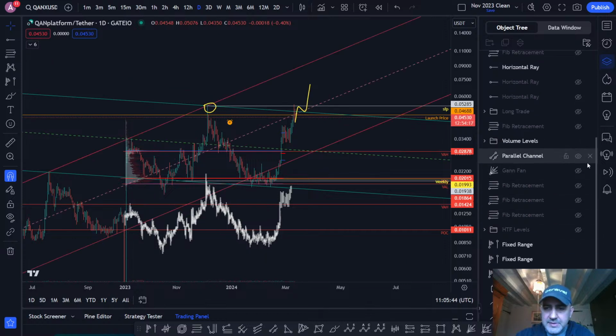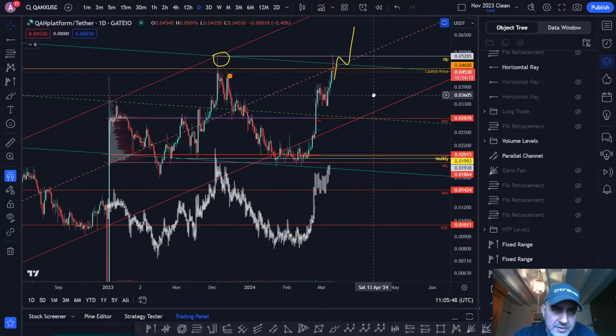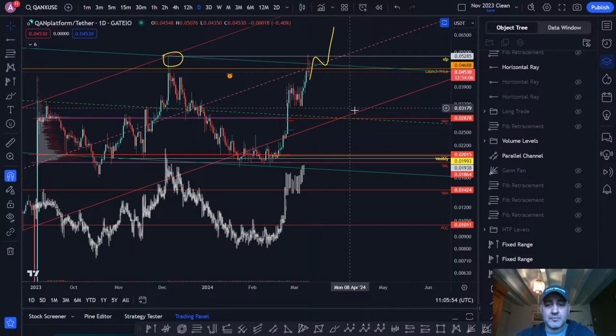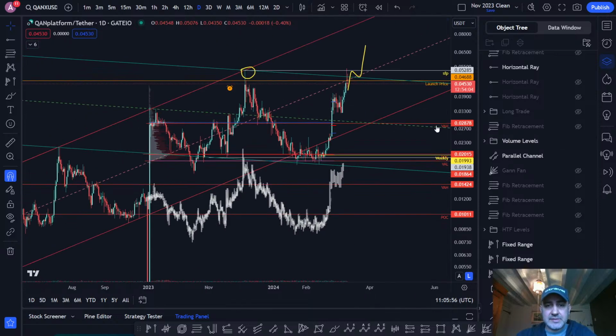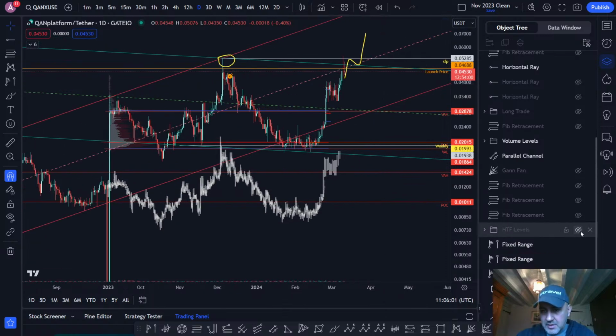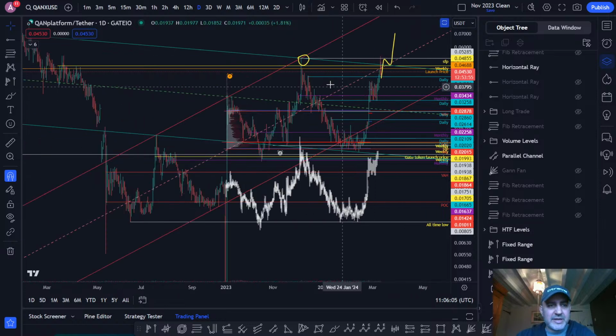What's that one? What's that parallel channel? Okay, that's interesting. There's a little bit of resistance here right now. We're into resistance, and potentially it's a good place to TP. Oh, and you have this weekly level as well.